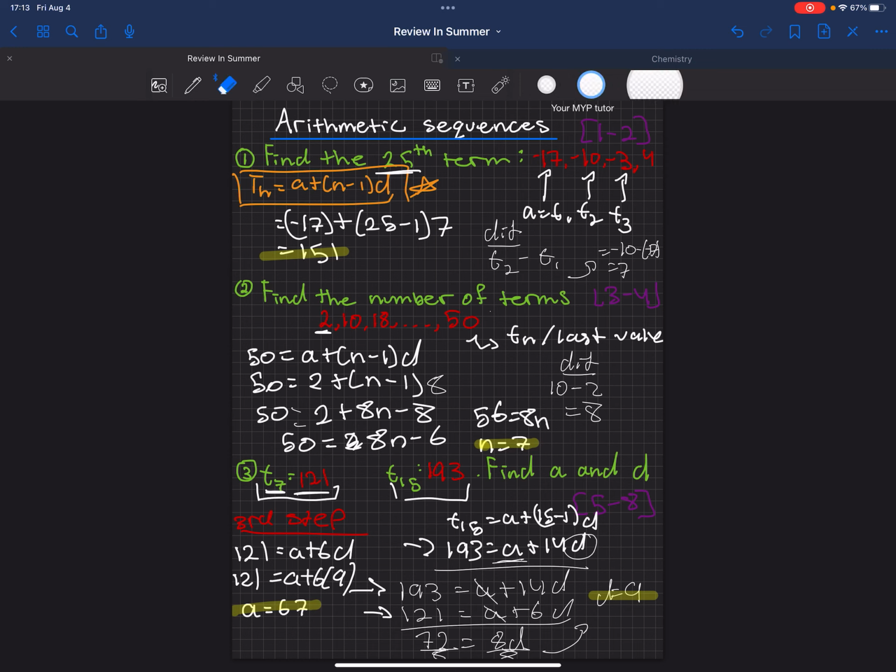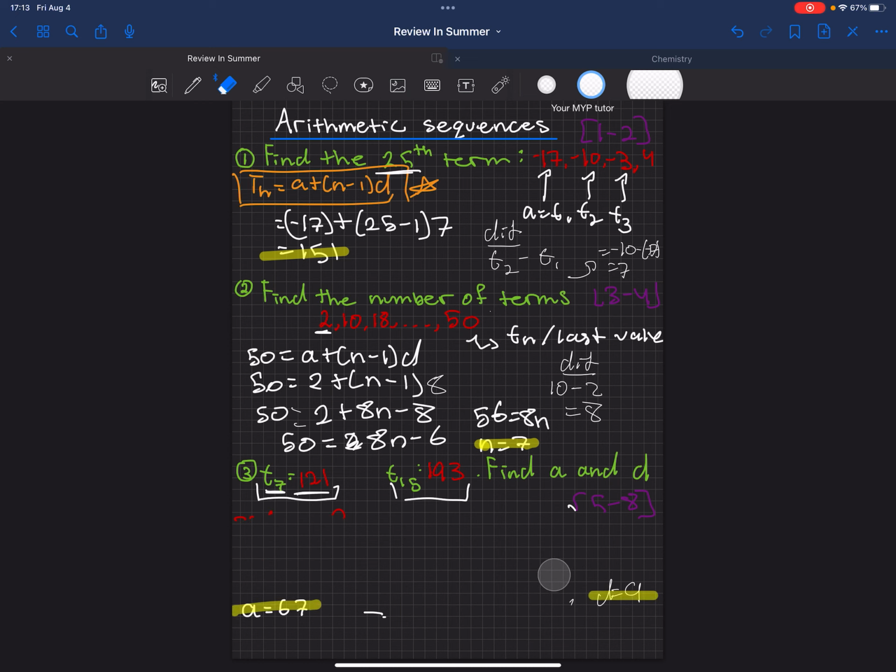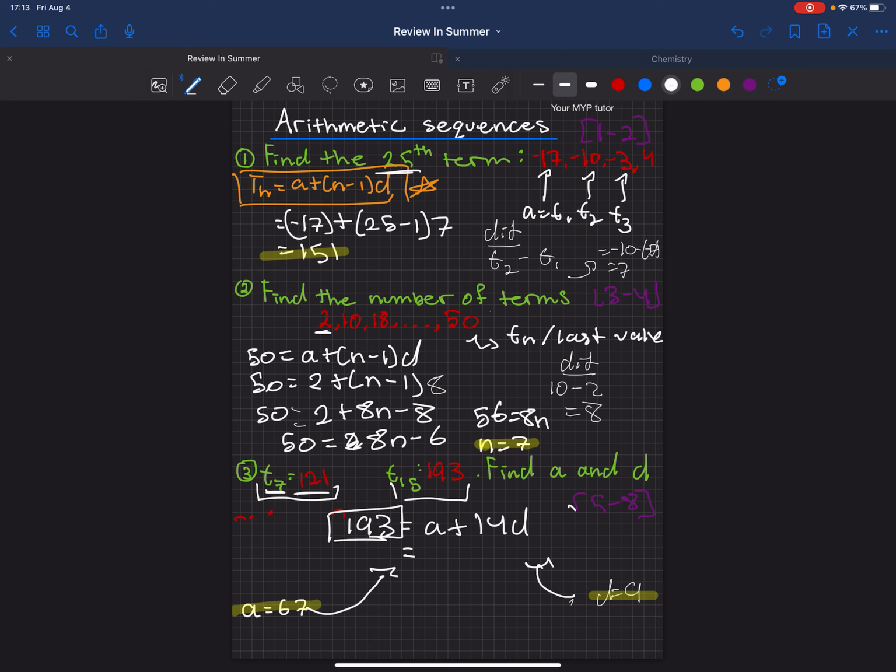Now, if you want to check your work, this is how you check your work. You can take 193 is equal to a plus 14d, right? So now you're just going to substitute a and d into this equation and see if it equals 193.